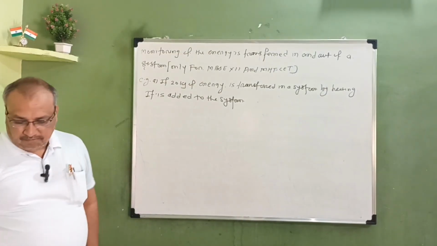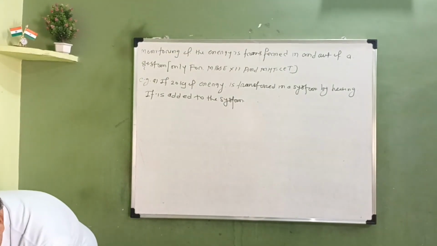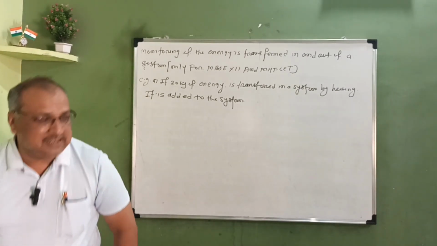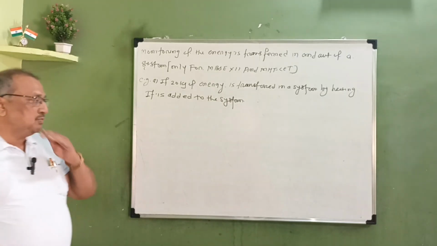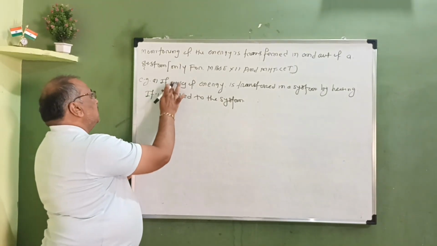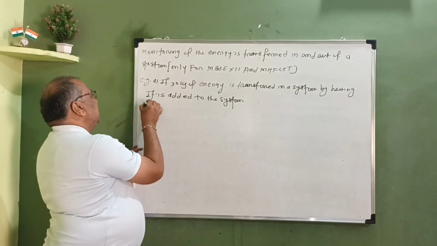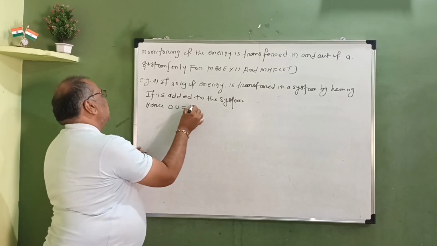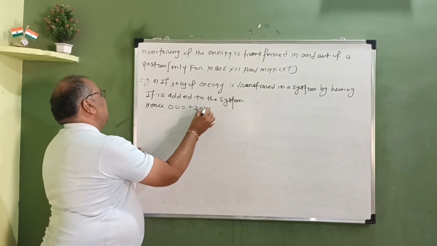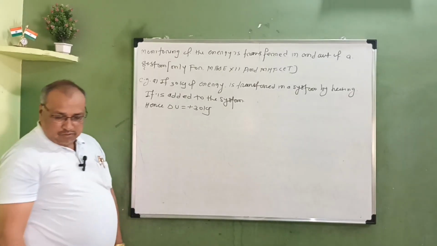Now second, hence here write down 30 kilojoule. Hence delta U is equal to plus 30 kilojoule.